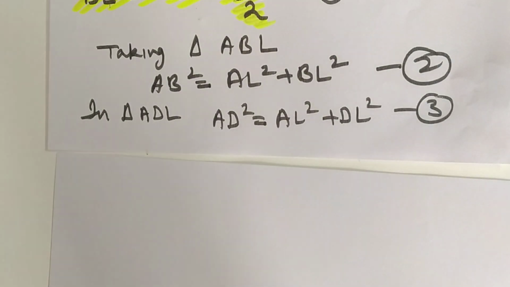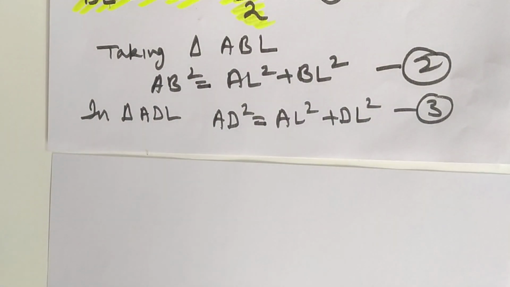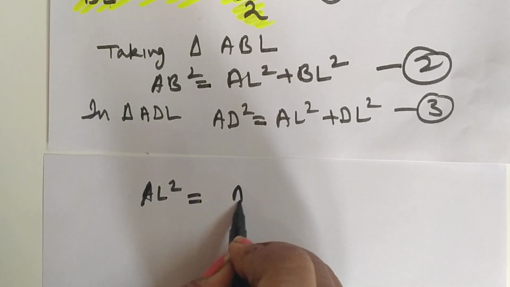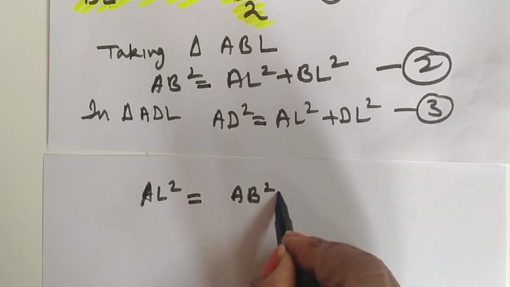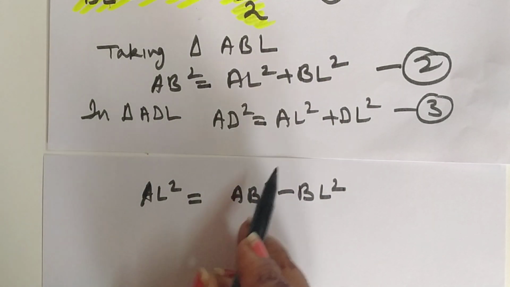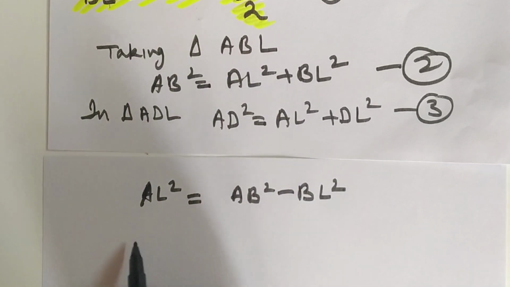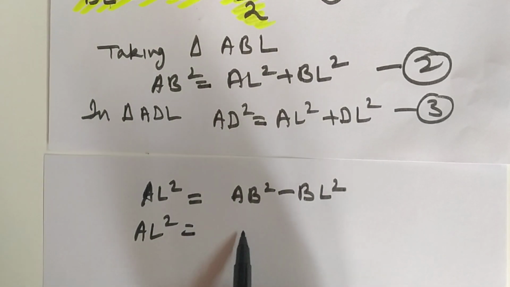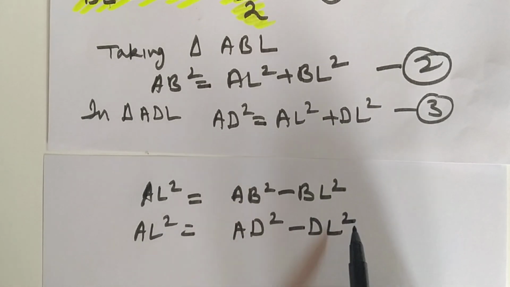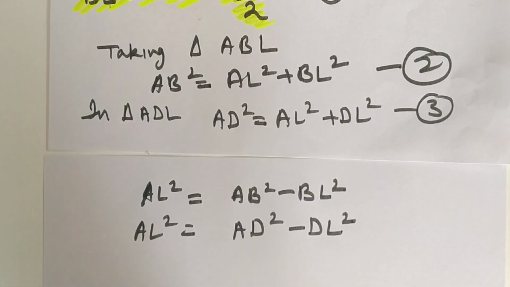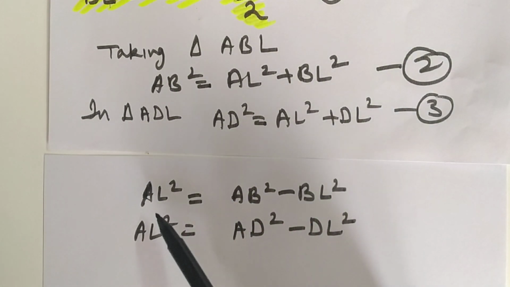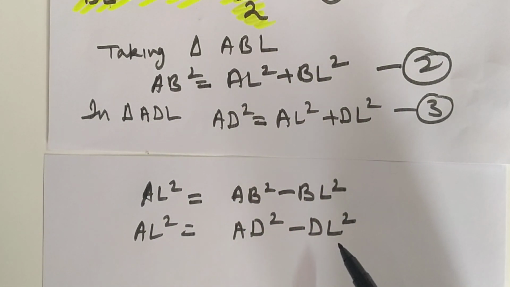Now we can write equation number second like AL square is equal to AB square minus BL square. And from equation number third, AL square is equal to AD square minus DL square. If we see these two equations, both are equal to AL square, so we can equate the right hand side.